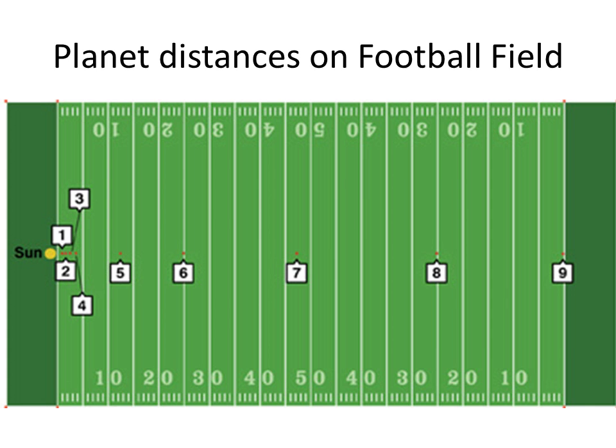Here is a drawing to show what the planets would look like if placed on a football field as far as how far apart they are. You can see the Sun on the left, then you have the 4 rocky planets, which are very close to the Sun. Then you have the 4 gaseous planets, which are further from the Sun.